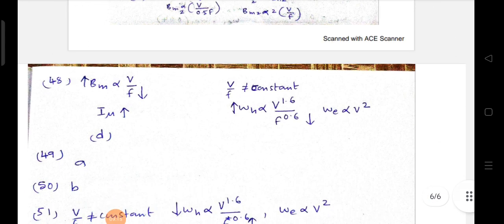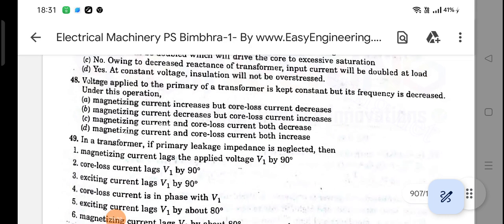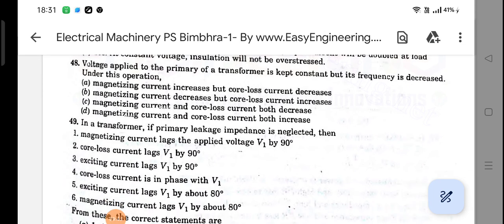When supply frequency is reduced, B maximum increases. B maximum increases means the magnetizing component of current, or excitation current, increases. When frequency is reduced, hysteresis losses also increase, which means iron losses increase. So if we reduce the supply frequency, the magnetizing component of current and the core loss component of current both increase. That means the 48th question answer will be D.